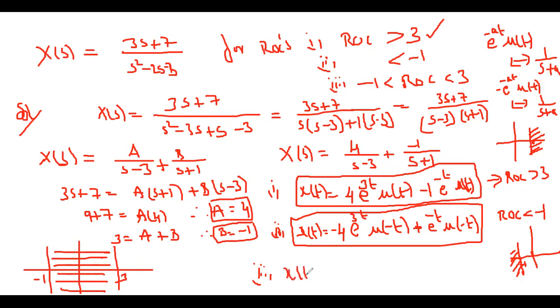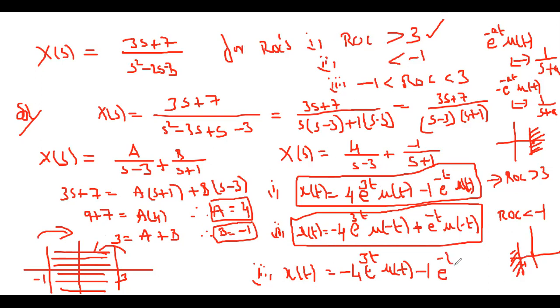So minus 1 is greater than and 3 is less than. The first value is 3, because the 3 is less than, you can write here minus 4 e power 3t mu of minus t. But minus 1 is greater than, it is towards the positive real axis. The 3 value is towards the negative real axis. So the 3 value you can write as negative real axis, and the minus 1 we can write as positive real axis.